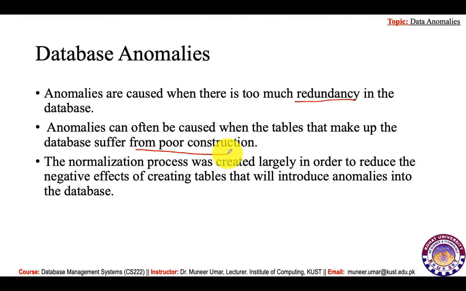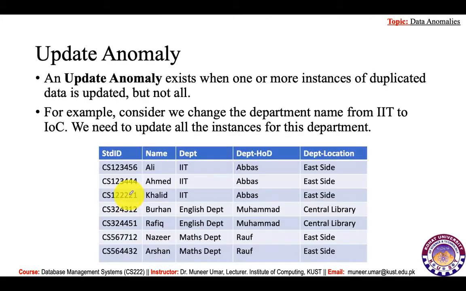To avoid anomalies, we go through normalization. Normalization is a process in which we decompose different tables so that we may reduce the redundancy of data in the database. The normalization process was created largely to reduce the negative effect of creating tables that will introduce anomalies into the database.